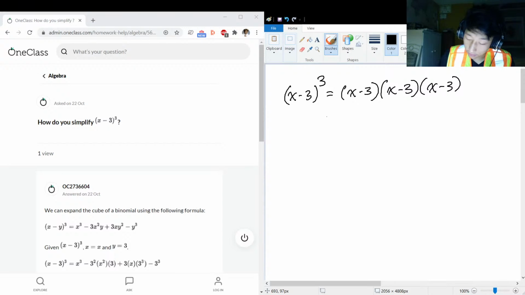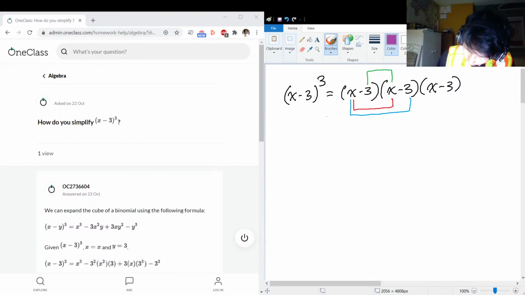So let's do the first two terms first. We'll do x and the x in red, then a different color, blue, for that. And then maybe in green, we'll do these two terms, and maybe in purple, we'll do these two terms. Okay? So all of this is equal to, the red one is x times x, x squared. The next thing is x times negative 3.